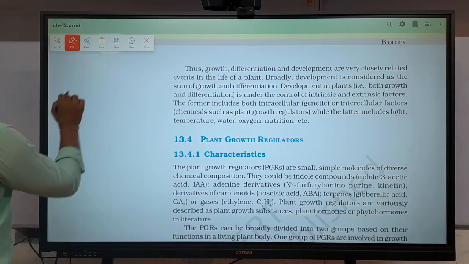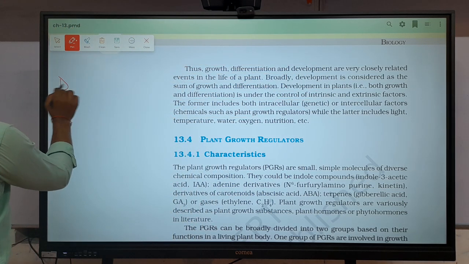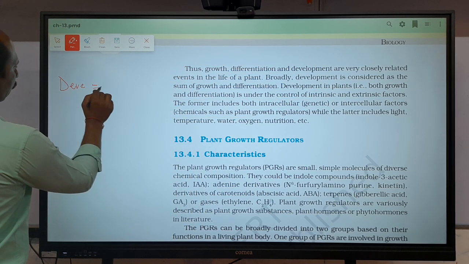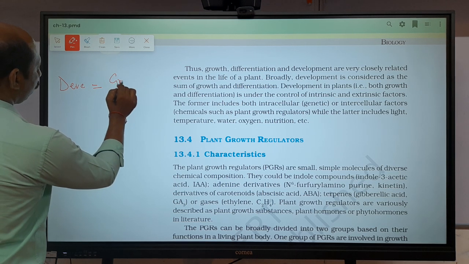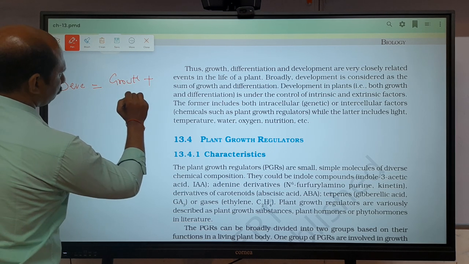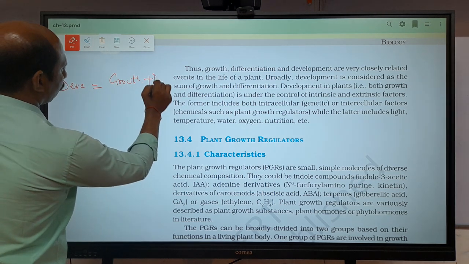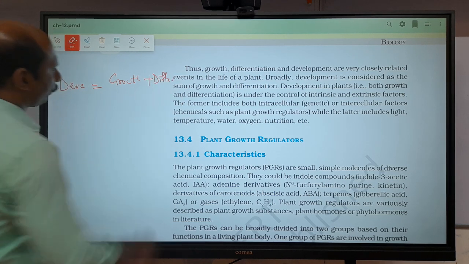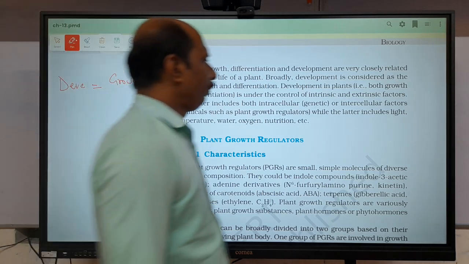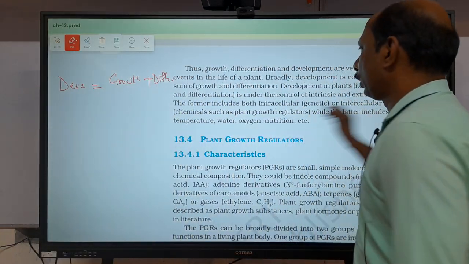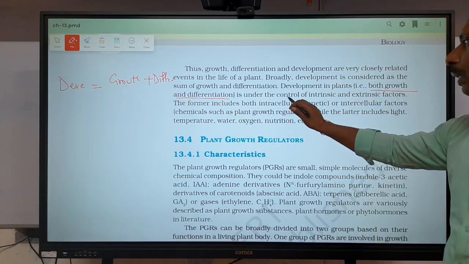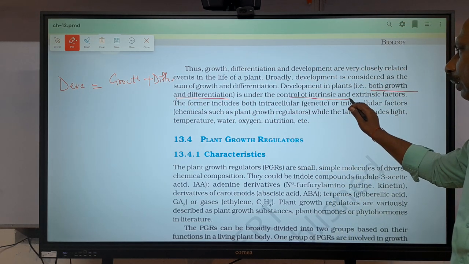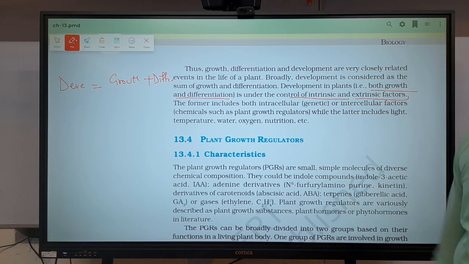Development is considered as the sum of growth plus differentiation, right? So development in plants, both growth and differentiation, is under the control of intrinsic as well as extrinsic factors. Intrinsic means internal, extrinsic means external factors.